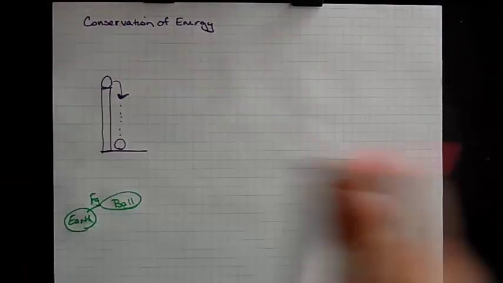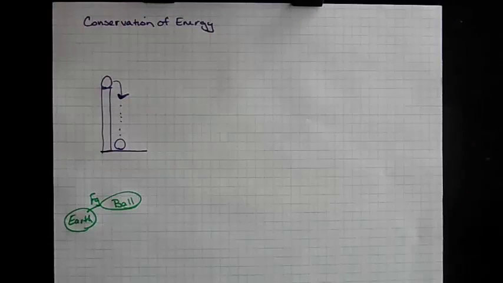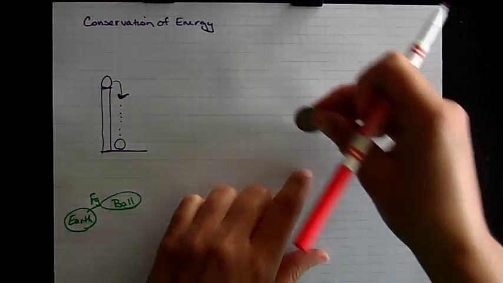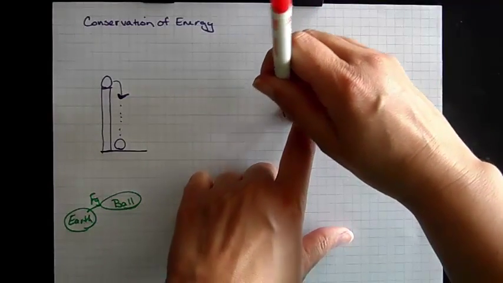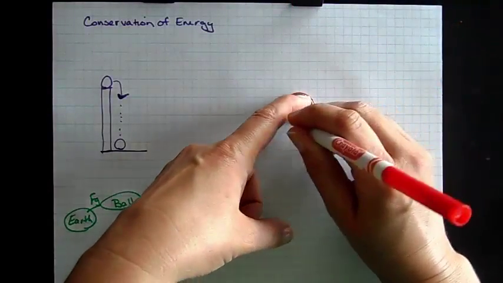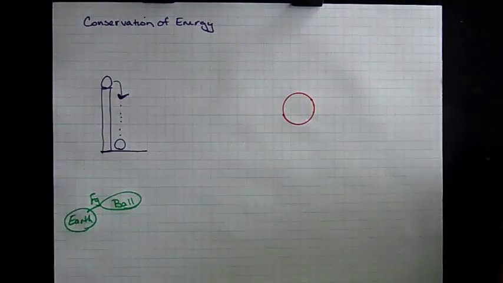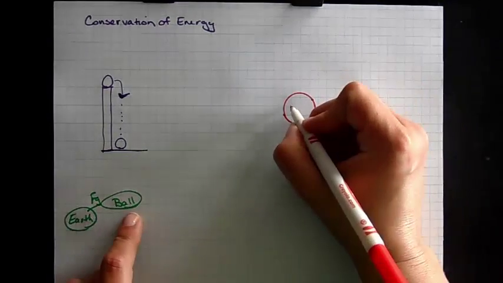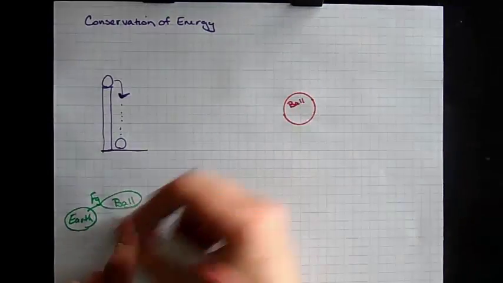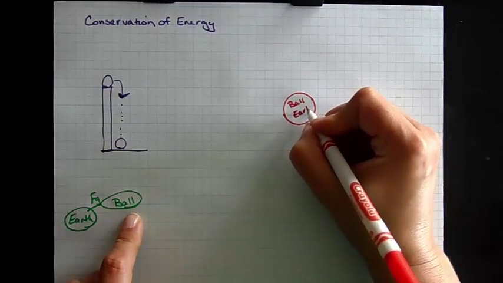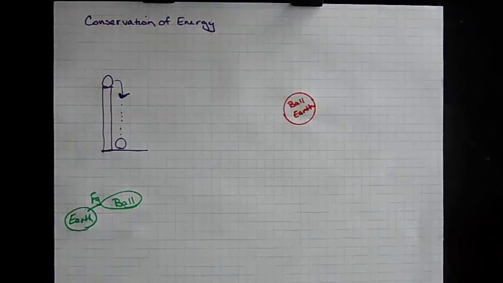Now we're going to come over here and draw a little circle, and this is going to represent our system. This is just what we're talking about. So our ball and our Earth are a part of our system.